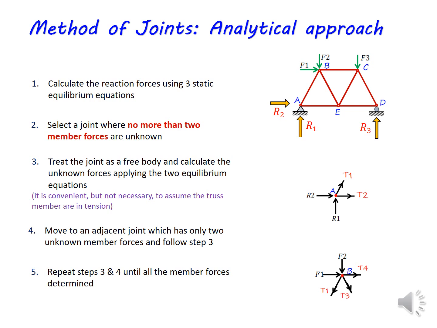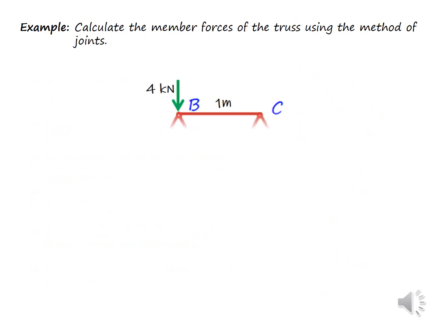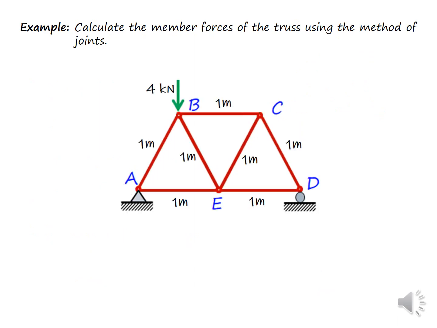Okay, let's do an example now and analyze a truss using the analytical approach, and following these steps, see how we can obtain the member forces of a truss. Okay, let's do this example.